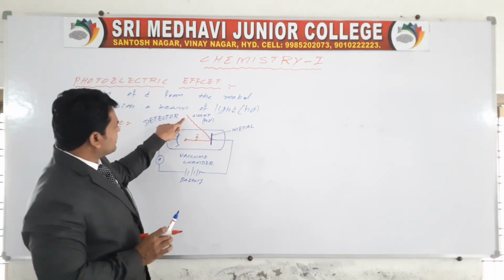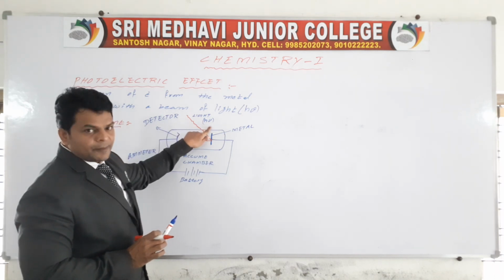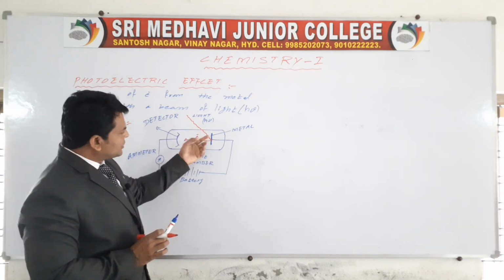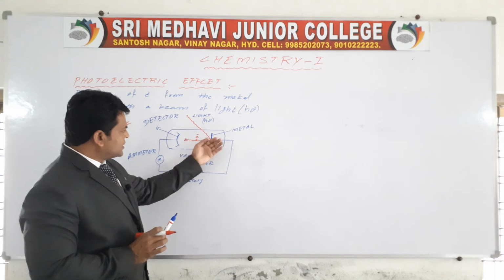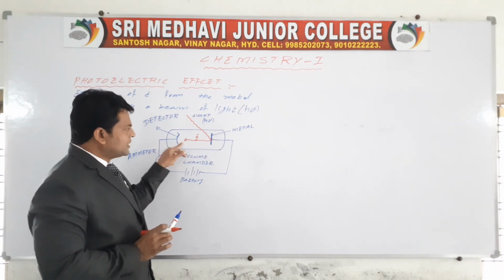Here we are using light h nu. Some amount of energy is used for removing the electron and some amount of energy is used for throwing the electron towards this side.